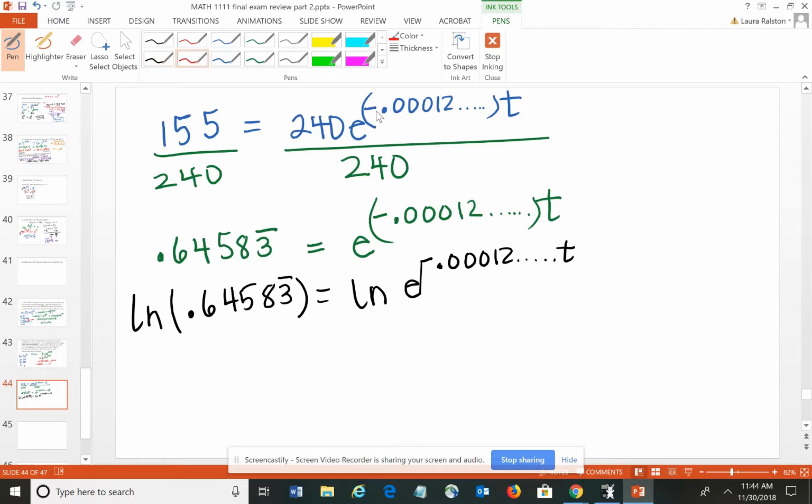Again, the benefit of doing that is on the right side, the natural log and base E will divide out. So we have the natural log of 0.64583 equals negative 0.00012 times T. Remember, I'm trying to solve for T, so I'm going to divide by this big long decimal number.